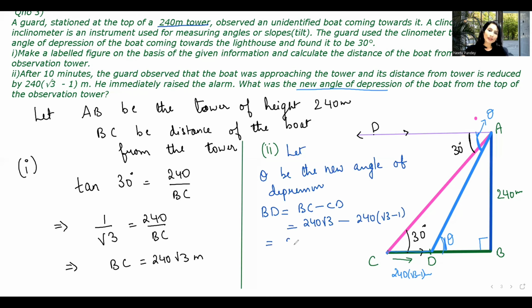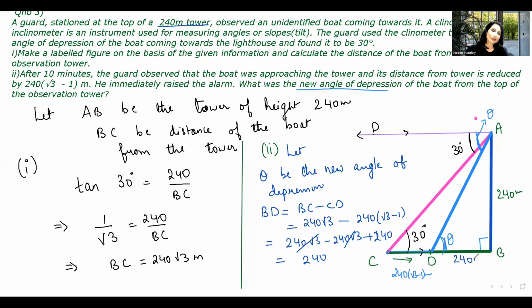So you can open the brackets. It will be 240 root 3 minus 240 root 3 plus 240 into 1. Okay, ये cancel हो गया. So this will be 240. Right, so BD we got how much?